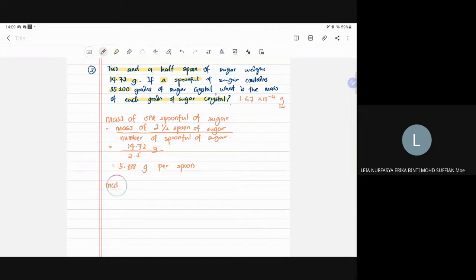So mass of a grain of sugar crystal will be equals to mass of a spoonful of sugar divided by number of grains in a spoonful of sugar.